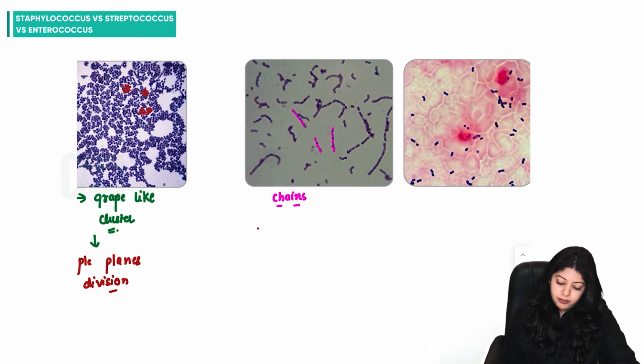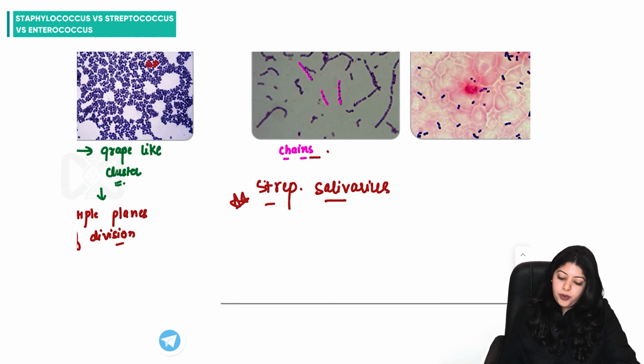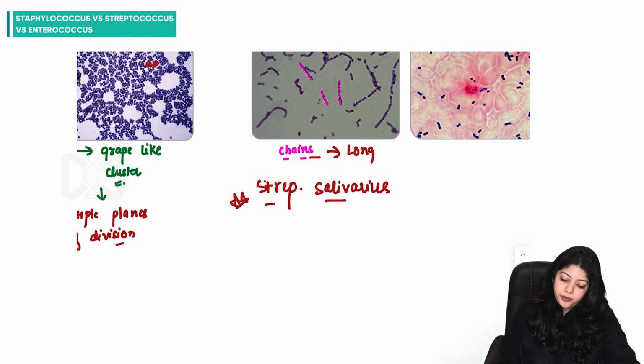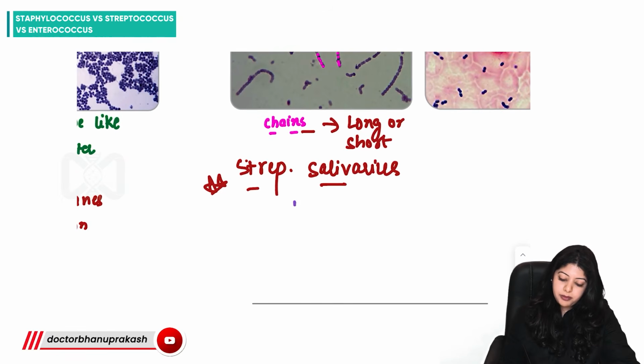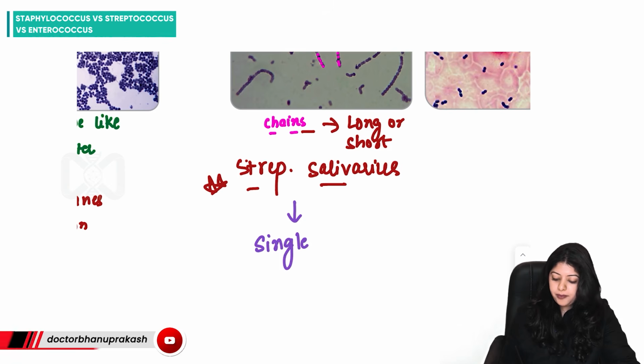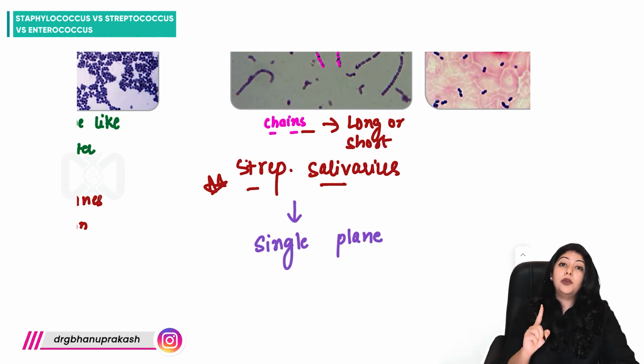It is Streptococcus salivarius. So cocci which are arranged in chains, whether long or short, are streptococci. And what is the reason behind this type of arrangement? It is because of the presence of a single plane of multiplication. So multiplication occurs in one plane.